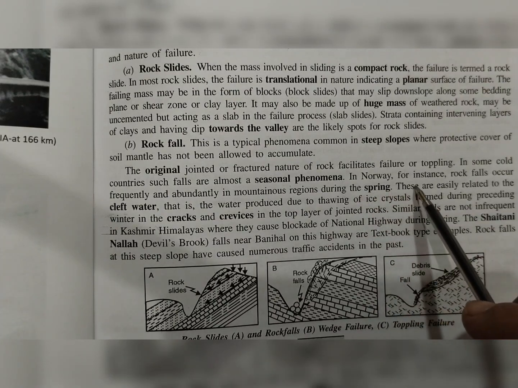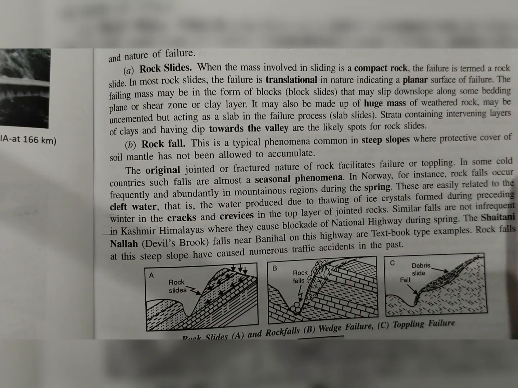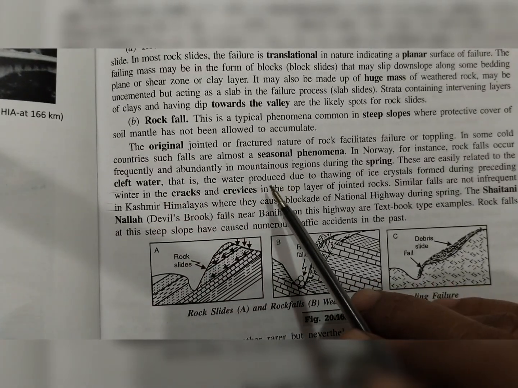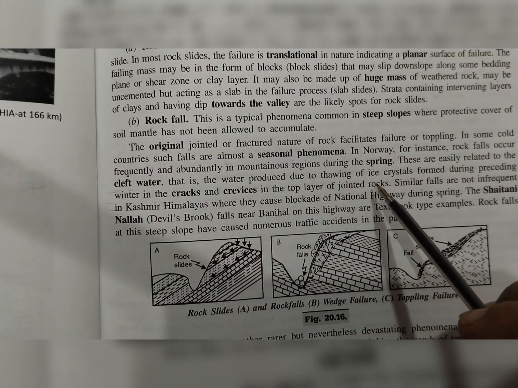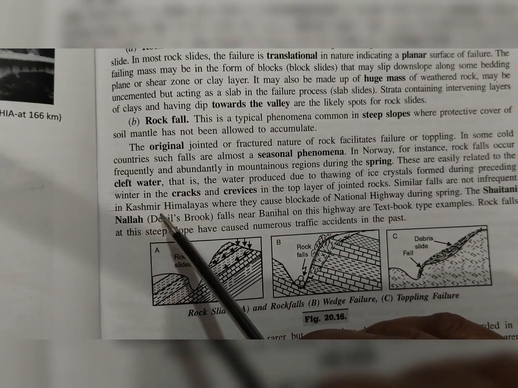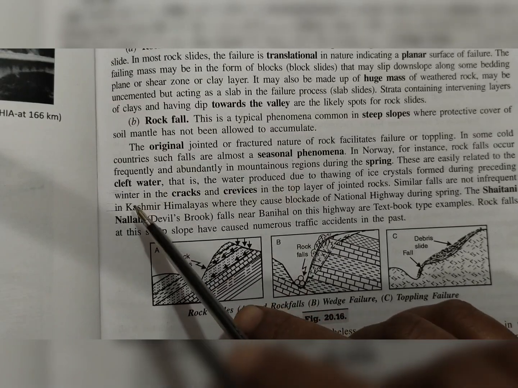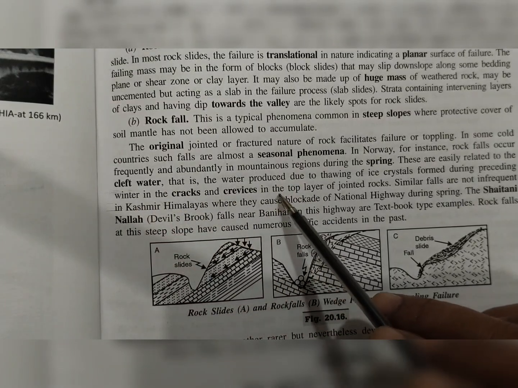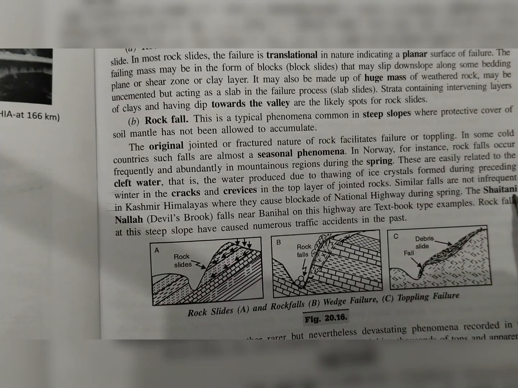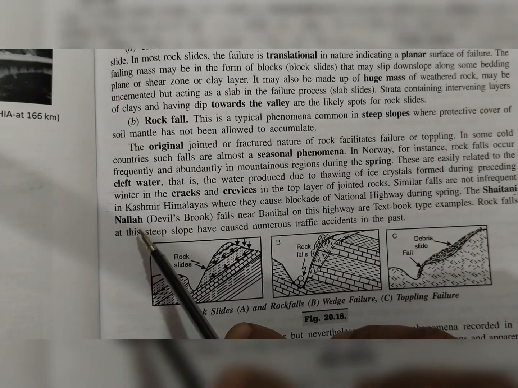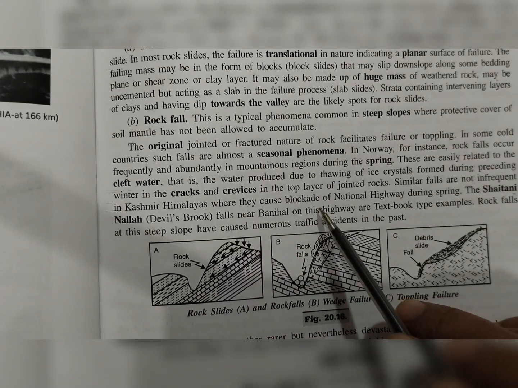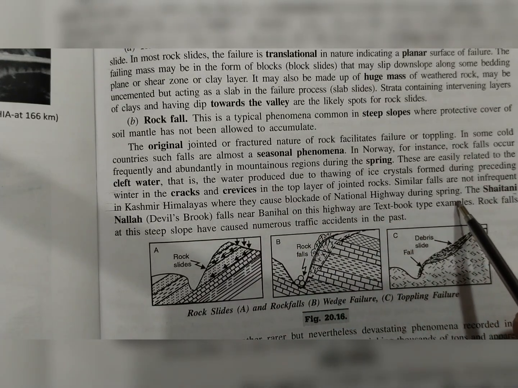In Norway, for instance, rockfalls occur due to cleft water, that is the water produced due to thawing of ice crystals formed during preceding winters in the cracks and crevices in the top layer of jointed rock. Similar falls are not infrequent in Kashmir Himalayas, where they cause blockade of the national highway during spring.